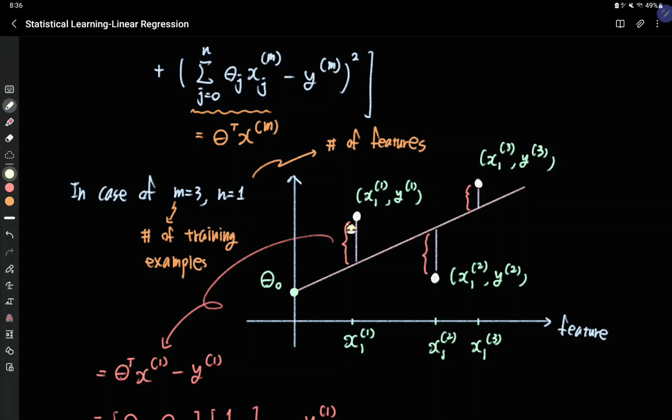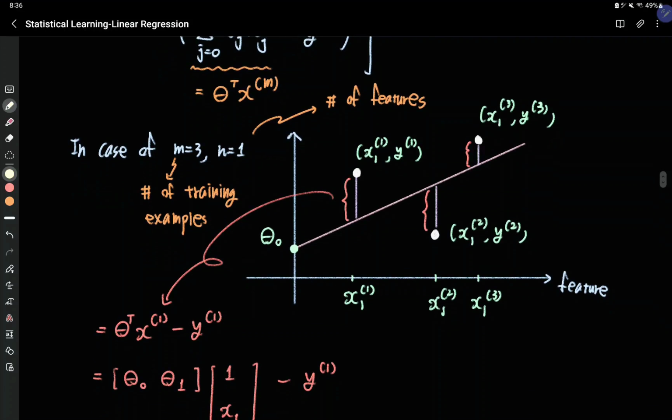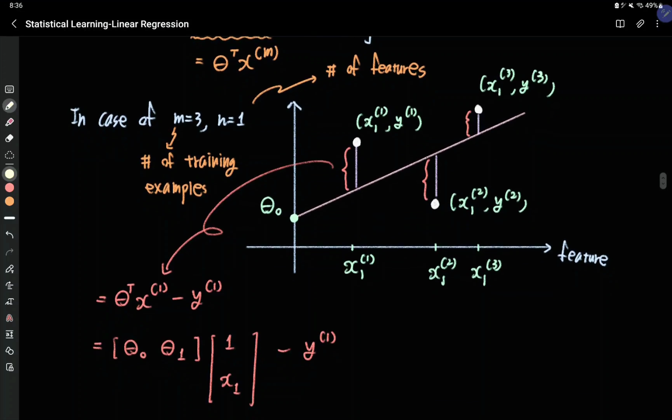And then the difference between the point and the line represents what? The difference between the output value of the hypothesis at this input and the actual target value, right? So this is theta transpose times x superscript 1 minus y superscript 1. Does it make sense?